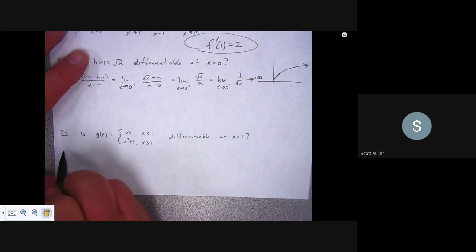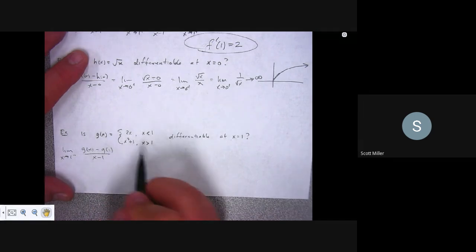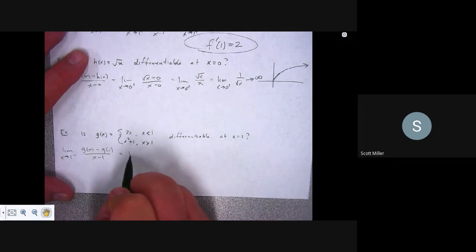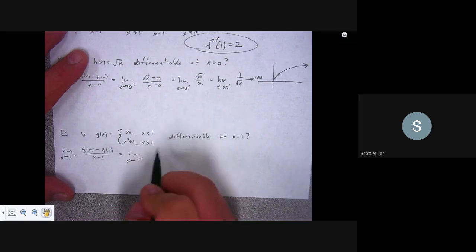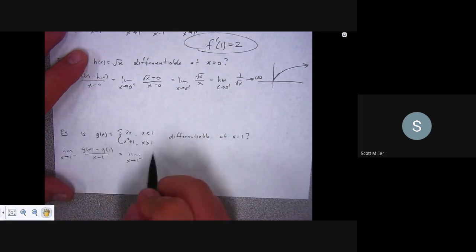Here we go. The limit as x approaches 1 from the left of g of x minus g of 1 over x minus 1. I'm approaching 1 from the left side, so that would make this a 2x.